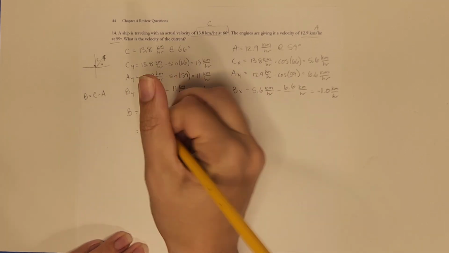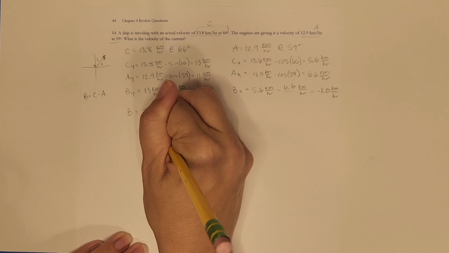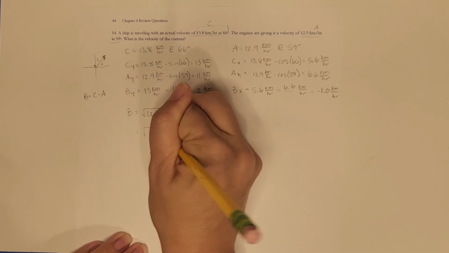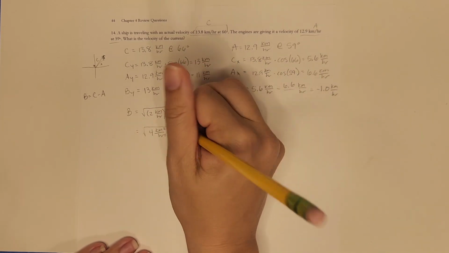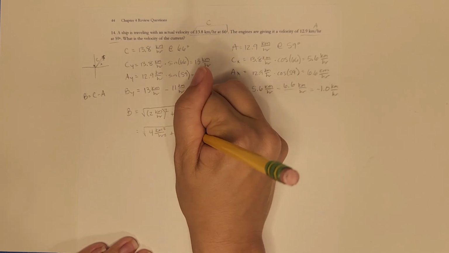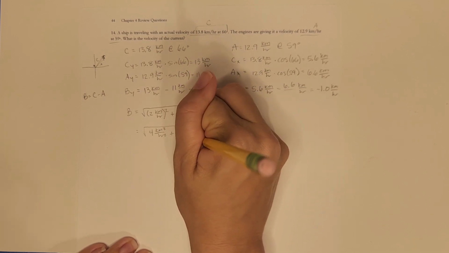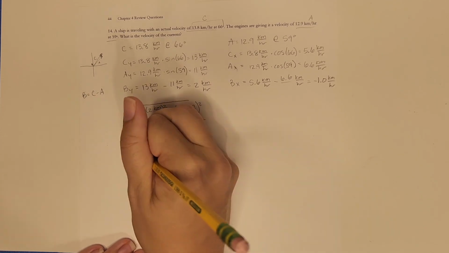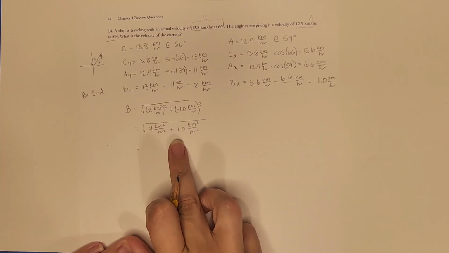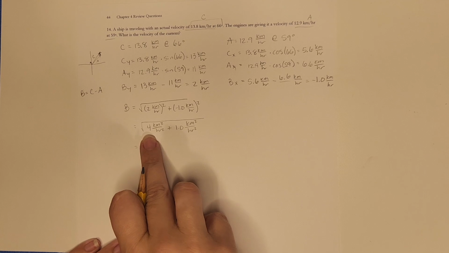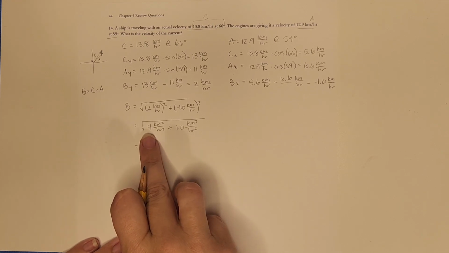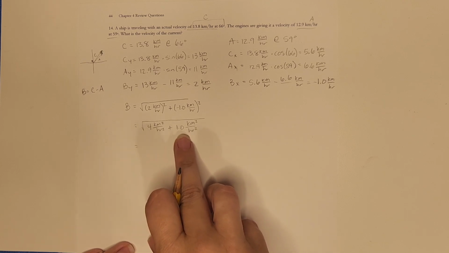Of course, that's going to give us 4 kilometers squared per hour squared plus 1.0 kilometers squared per hour squared, which this has 1 significant figure and the precision is to the ones place, and this is to the tenths place.